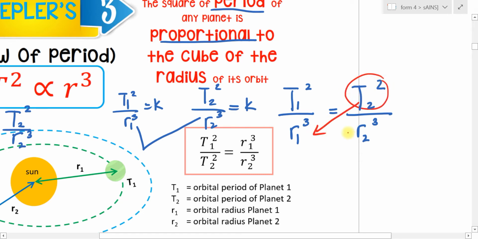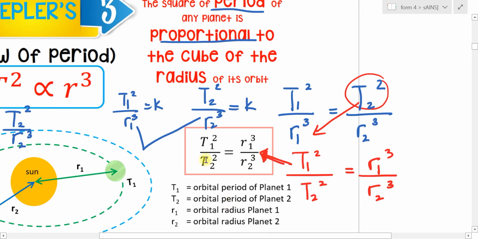When you move this T towards here, it becomes T1 squared over T2 squared equals R1 cubed over R2 cubed. This formula is produced.